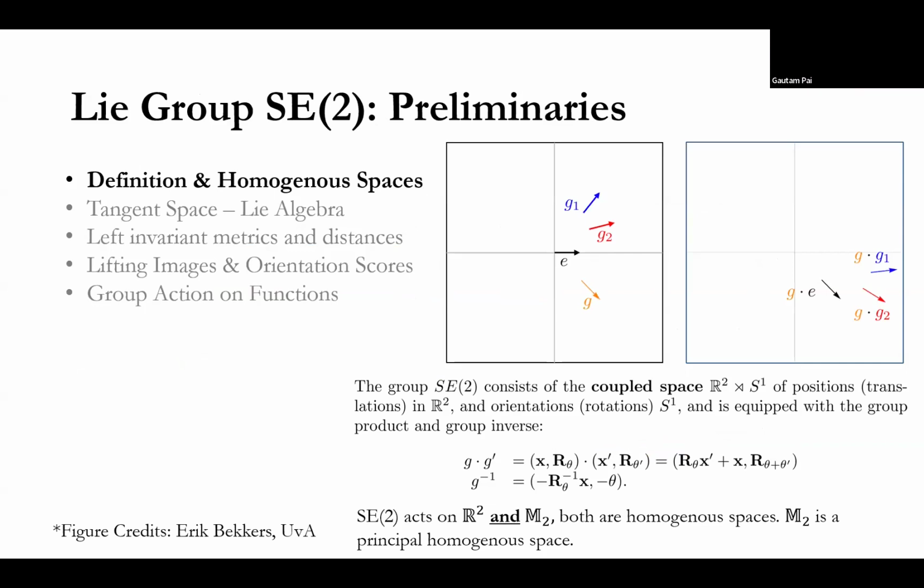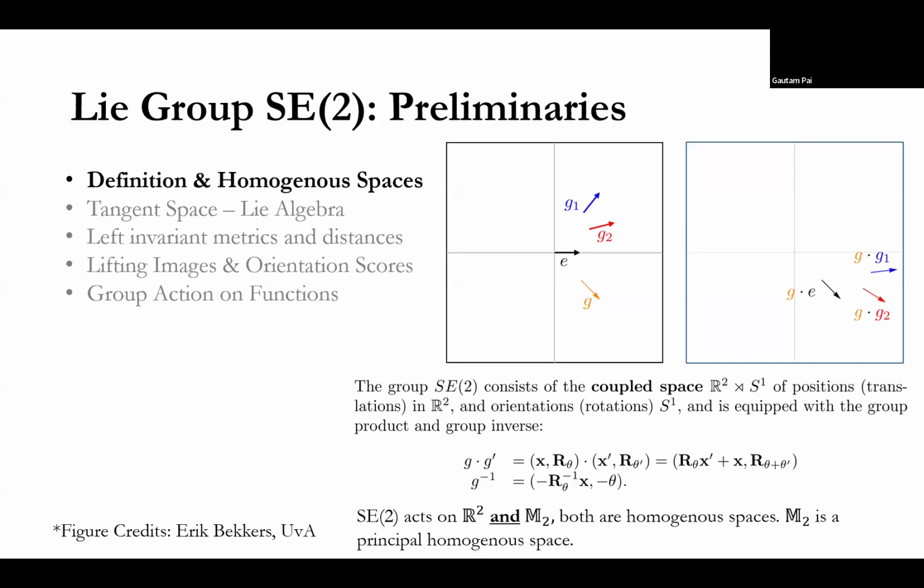If you have a group element G and a group element G prime, where G is given by the position X and the rotation R theta, and G prime by X prime and R theta prime, then we define the group product to be a new position and orientation, which is R theta X prime plus X, and the rotation to be R of theta plus theta prime. And one can define the inverse element as minus R theta inverse X and minus theta.